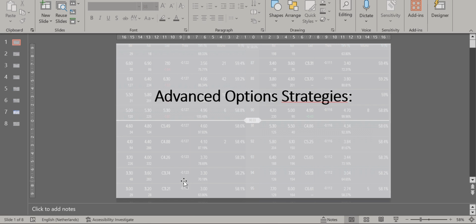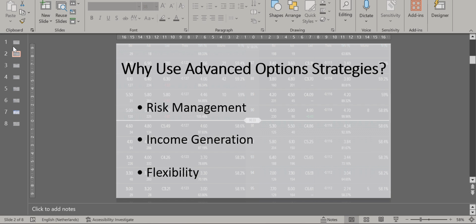And so let's dive into it. So basically the reason why we can use advanced strategies is precisely these three reasons here on the screen. First of all, it allows you to manage your exposure to risk in your trades, because each and every investor has their own risk tolerance.